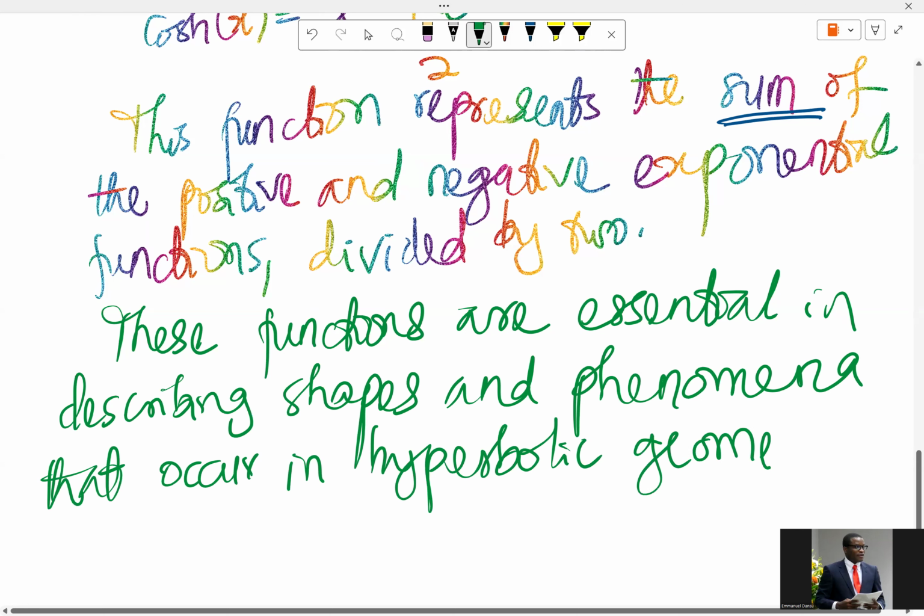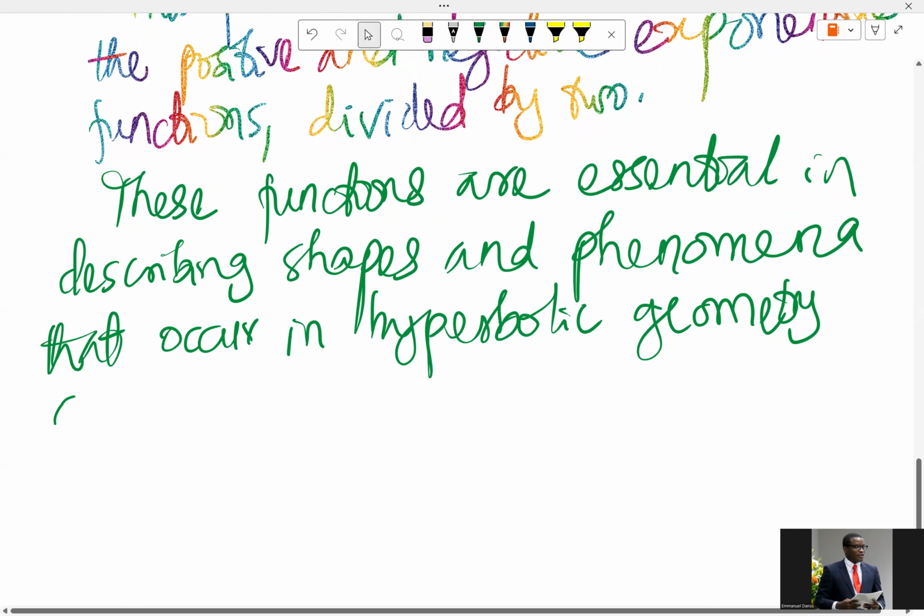That's related to hyperbola, right? Hyperbolic geometry and various physical contexts.